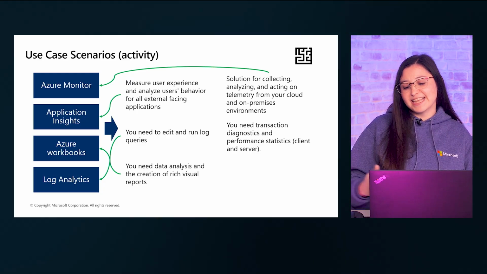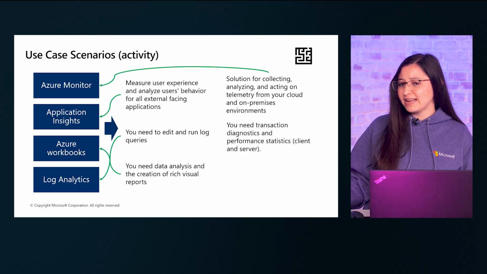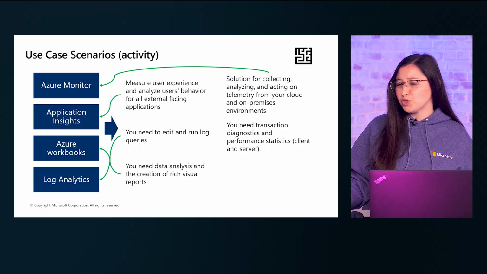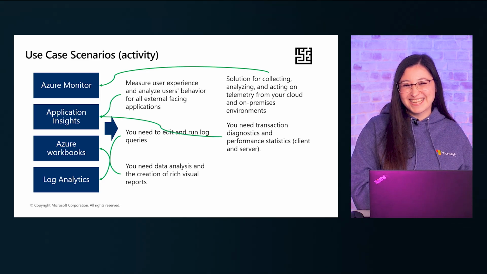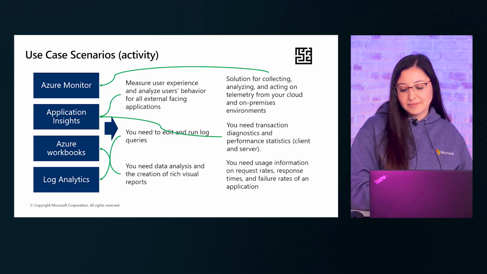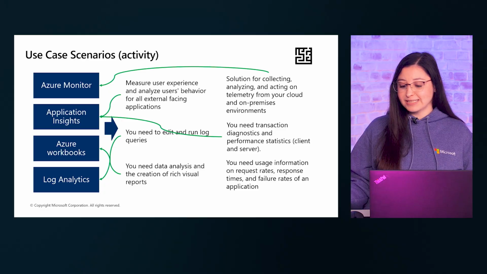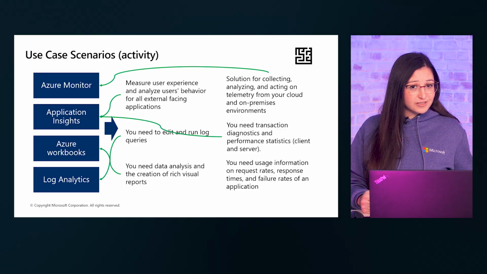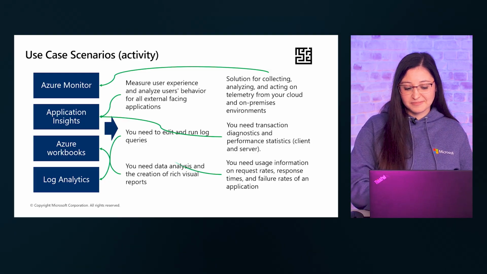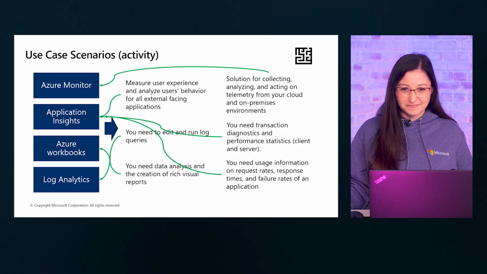If we need transaction diagnostics and performance statistics, both from the client and server, what will we choose? That's Application Insights again. And last one. If we need usage information on request rate, response time, and failure rates of an application, what will be our choice? Once again, Application Insights is a perfect fit.